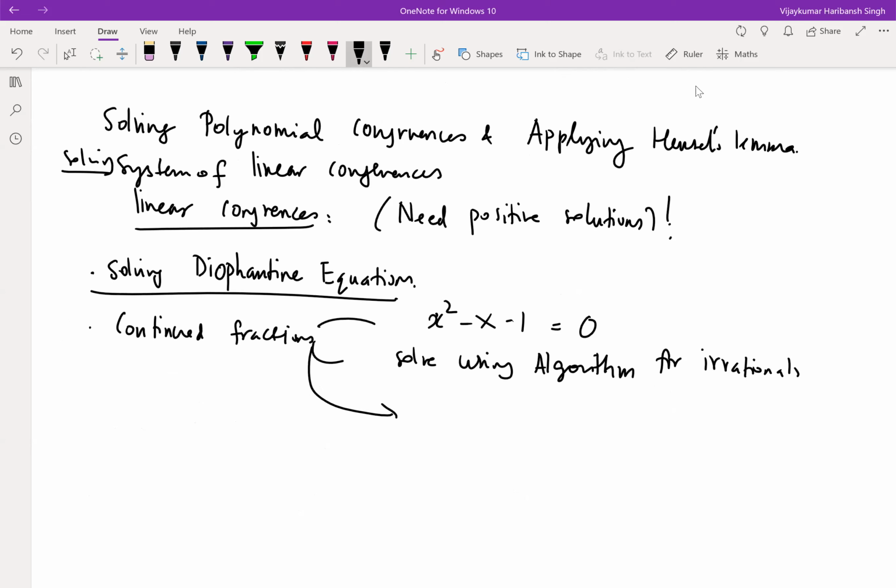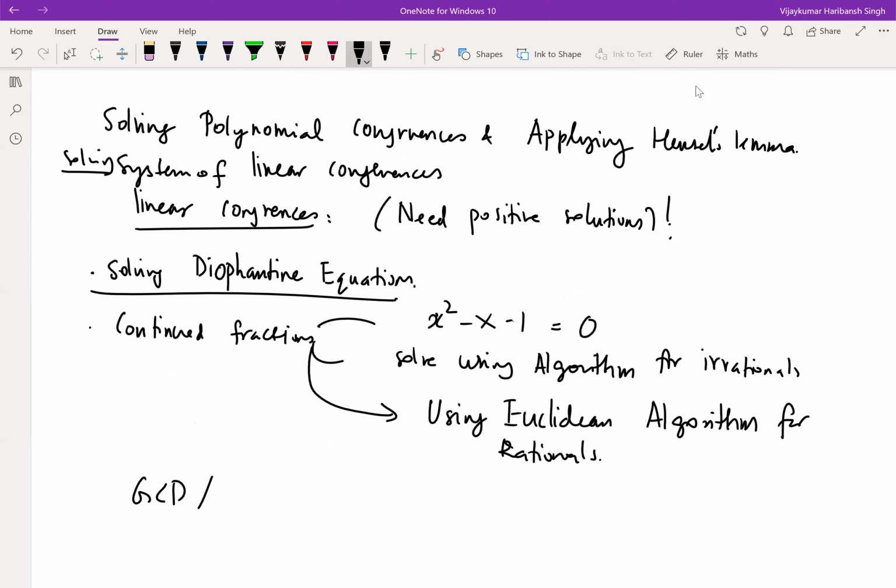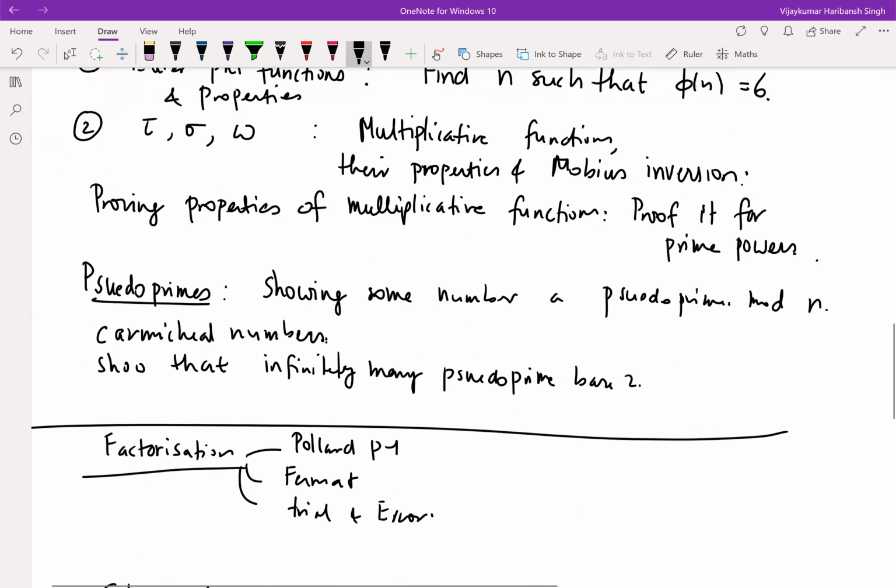Or solve using the Euclidean algorithm for rationals. Then we have GCD and divisibility. Yeah, so these are the kind of things we have really.